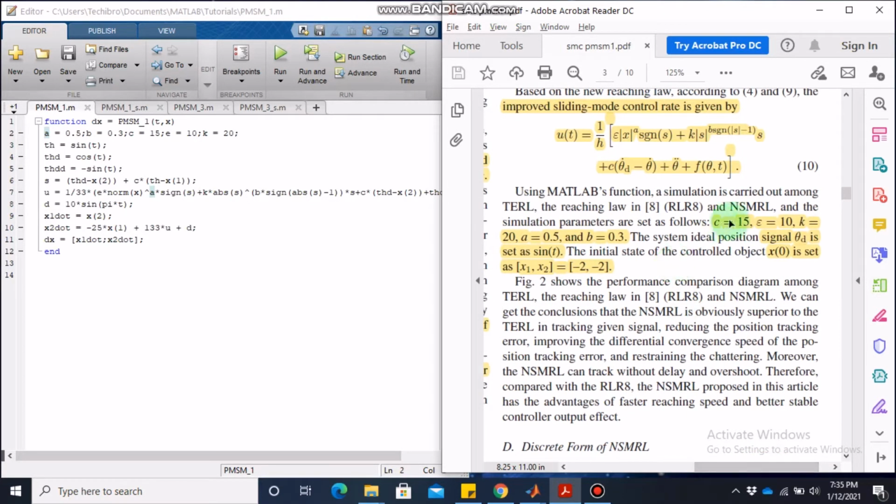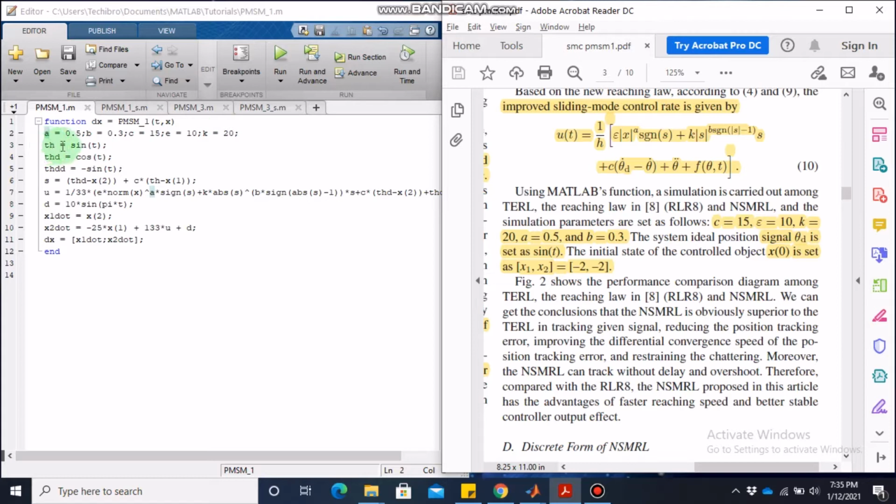C is equal to 15, epsilon is equal to 10, K is equal to 20, A is equal to 0.5, B is equal to 0.3. Epsilon is represented in my code by E.